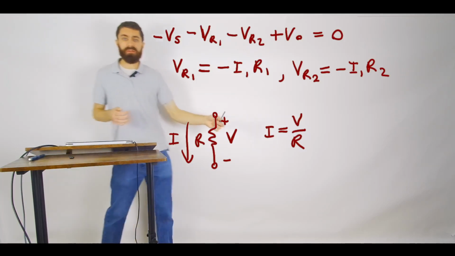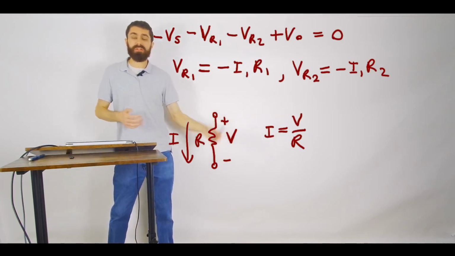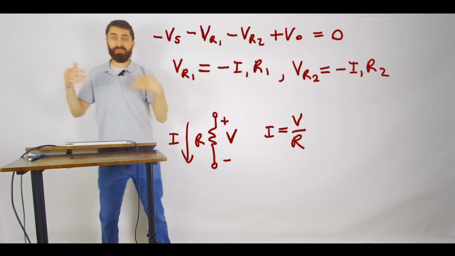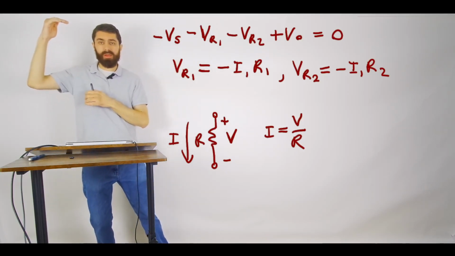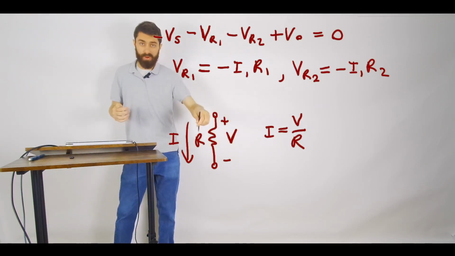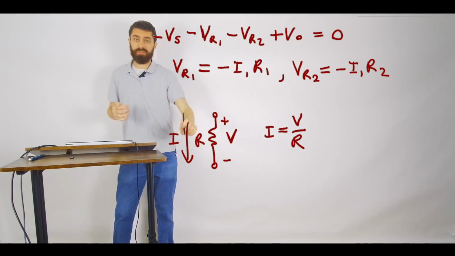So current is going to naturally flow from high potential to low potential, just like water flows from a high height to a low height.